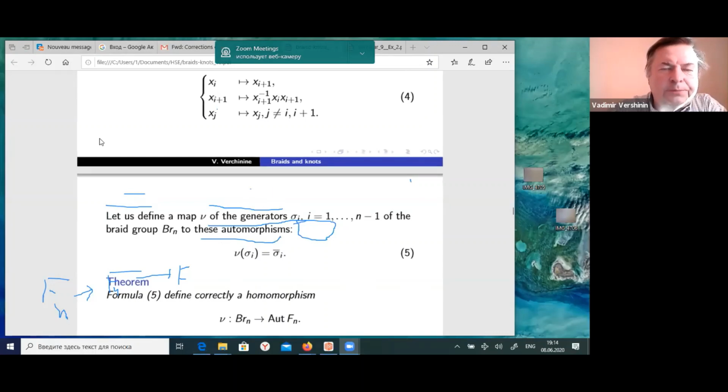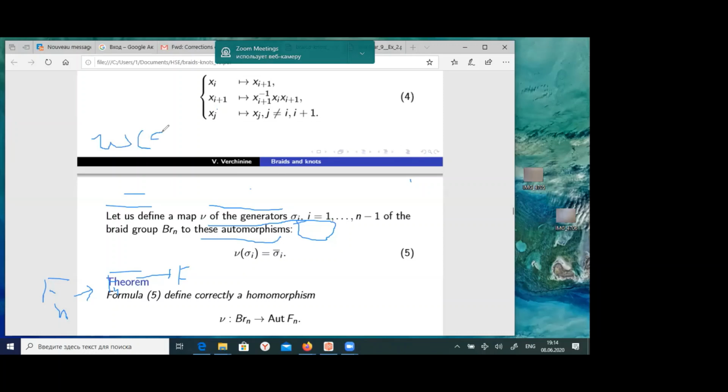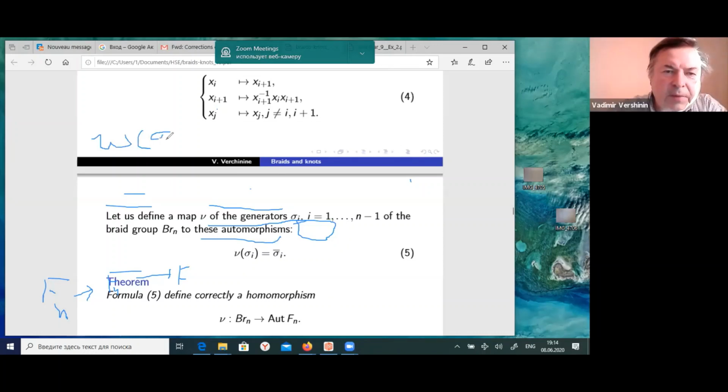What does it mean, word problem in the braid group? Suppose you have a word in the generators, a word in sigma I. So it may be sigma I1 to the epsilon 1, and so on, sigma Ik to the epsilon k. This is just a word, right?